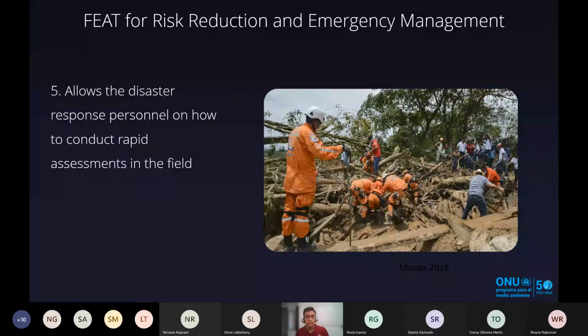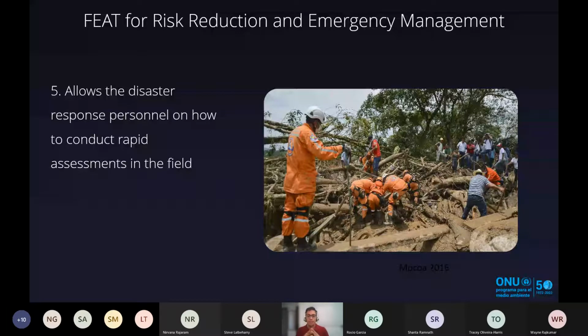And it allows the disaster response personnel to conduct rapid assessments in the field. That's why we launched the smaller version, the pocket version of the FEAT, because it's very small. You can take it in the field. And as you will see in a moment, if you don't have the exact name of the chemical that is probably being spilled, you will find two other options to get that information.